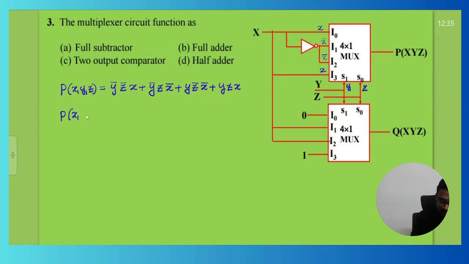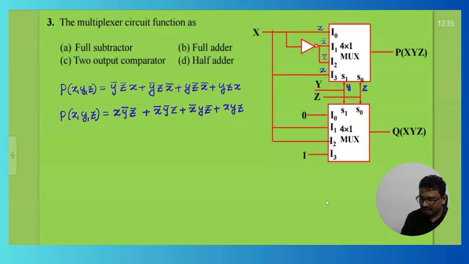Right. Now arrange them in order. The order is given as X, Y, Z, so we have to analyze in this order. Therefore, arrange them here: X Y bar Z bar plus X bar Y bar Z plus X bar Y Z bar plus X Y Z. If you observed carefully, you can tell me the numbers.